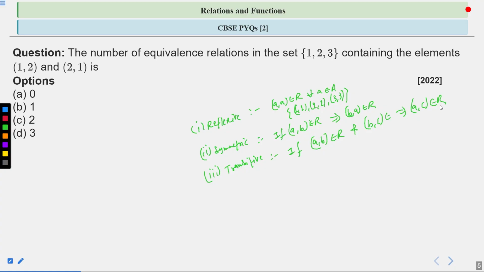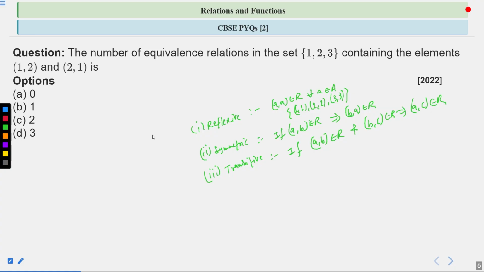If (a, b) and (b, c) do not belong to R, then it is not guaranteed that (a, c) must belong to R. Only (a, c) should belong to R if (a, b) belongs to R and (b, c) belongs to R. This is the condition of transitivity.